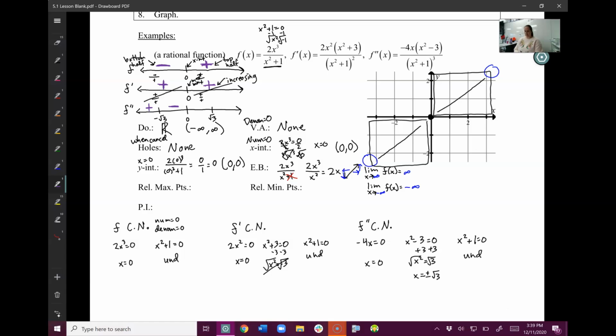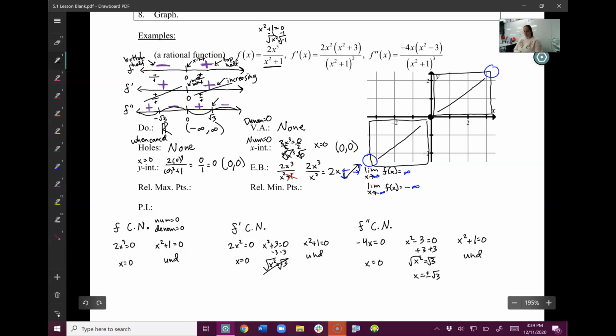Pick a number from this section, plug it in, simplify it, we should get a positive, and a number from our last section, plug it in, should get a negative. So this is our concavity. So this should be concave up, concave down, concave up, concave down.